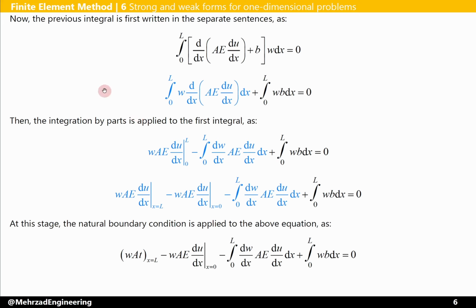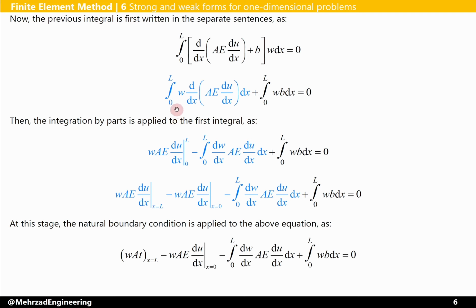Now, to decrease the derivative order of u and increase the derivative order of w, first of all, I write this integral as two integrals, the blue part and the black part, and then I apply integration by parts to the blue part.